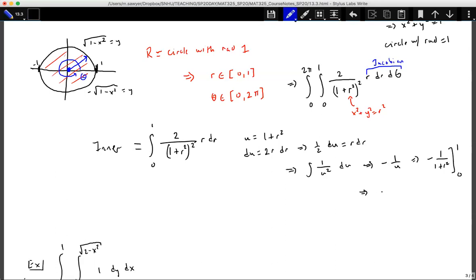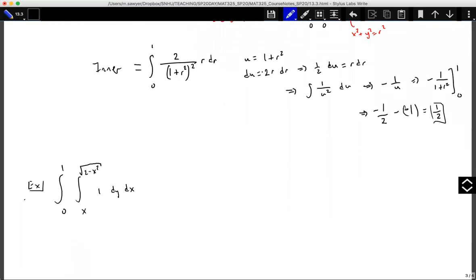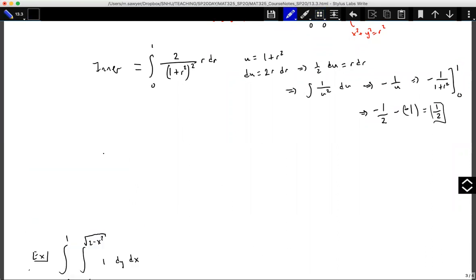When we use the fundamental theorem of calculus, this becomes -1 over 2 minus -1, which becomes positive 1/2. So that's the inner integral. For the outer integral, again, let me move this problem down.